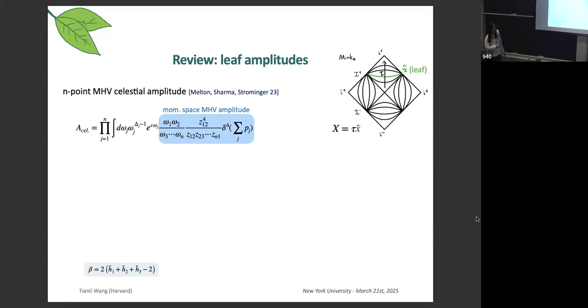Here is the 3-point MHV amplitude that you just saw a moment ago, with the Parke-Taylor prefactor and the momentum conserving delta function. To obtain the celestial amplitude, we do n Mellin transforms on all n external legs. The key to extracting leaf amplitudes is to write these delta functions as an integral over the entire spacetime and take only the part over one leaf.